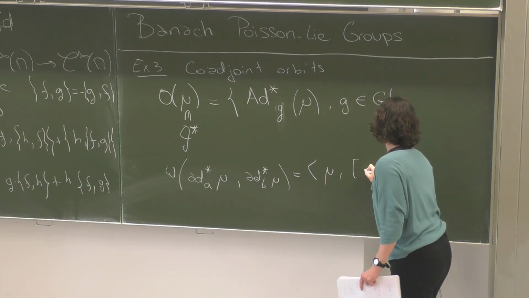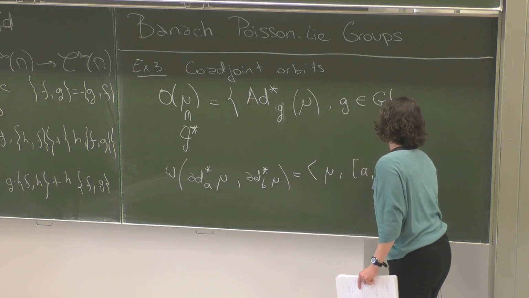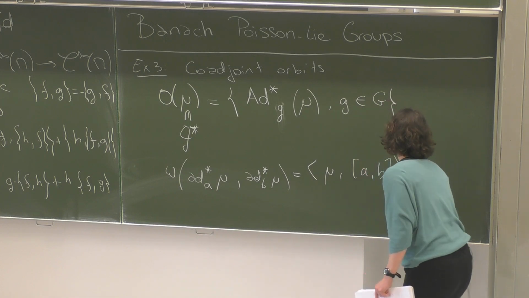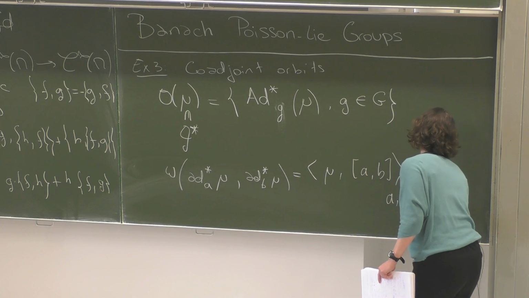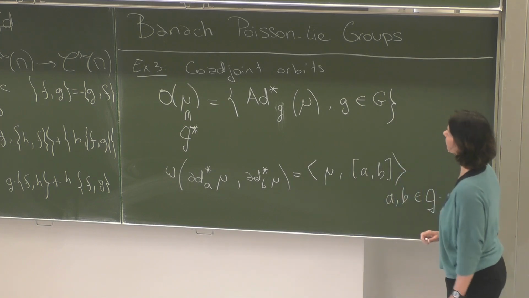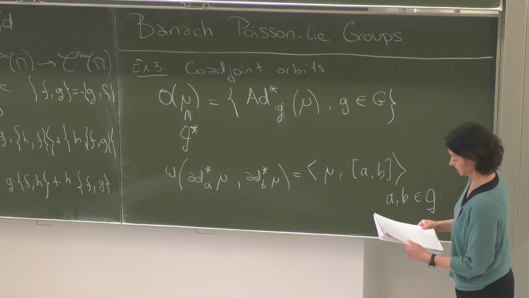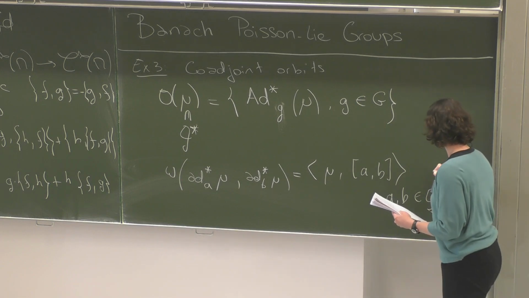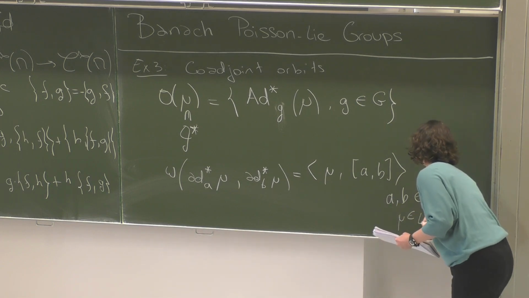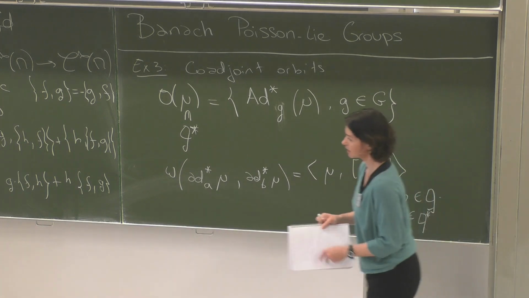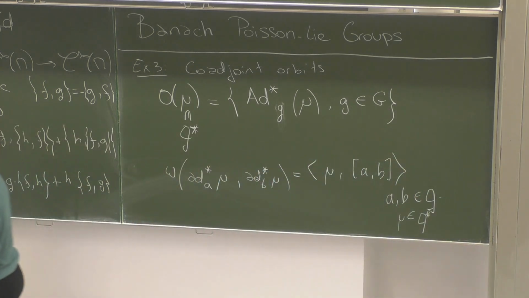So the pairing between mu and the bracket of A and B, where A and B are in the Lie algebra, and mu here is in the dual space. Okay, so these are the three examples I wanted to mention.